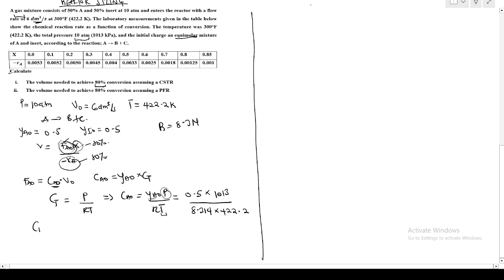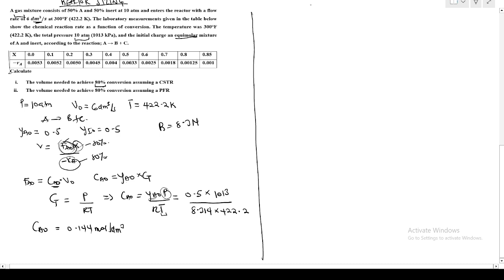So we get our initial concentration of A to be 0.5 times 1013 all over 8.314 times 422.2. We get our initial concentration of A entering the reactor to be 0.144 mole per decimeter cube.